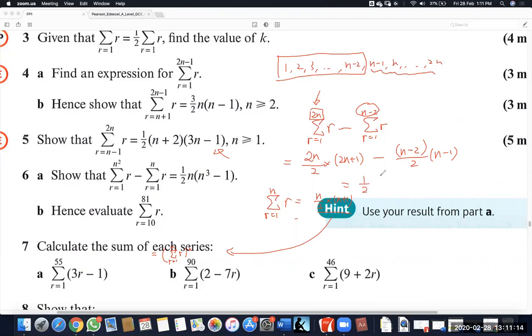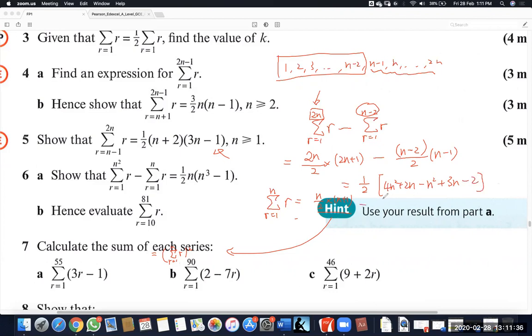No problem. But I just extract the 1/2 outside. And then 4n squared plus 2n minus n squared, and then plus 3n, and then minus 2, okay?